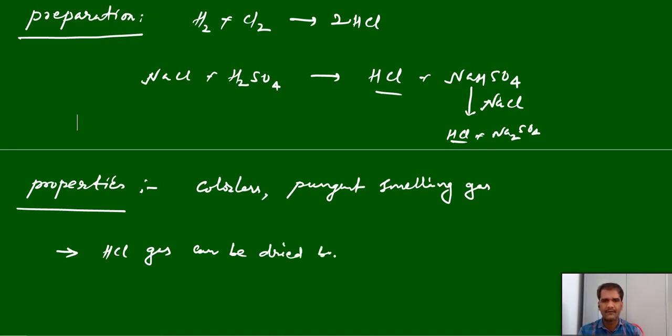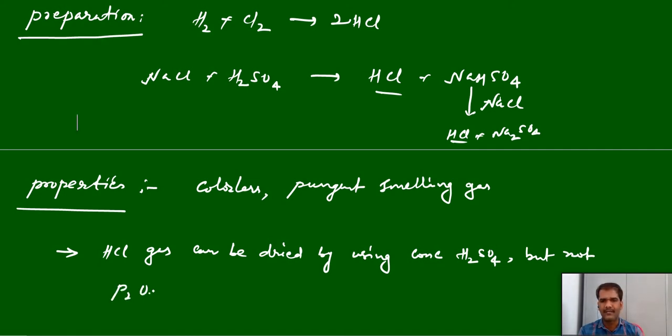By using concentrated sulfuric acid. This is a dehydrating agent. We cannot use other dehydrating agents like P2O5. Why?